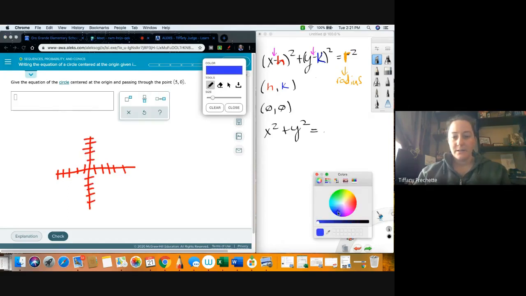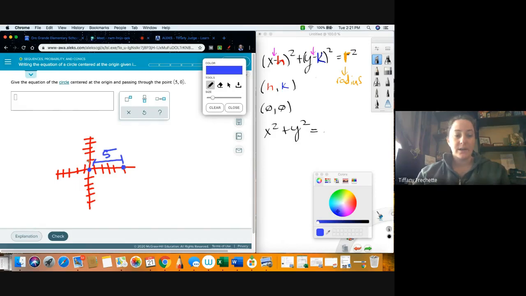Remember, it's centered at the origin, so this is where my center is right here. And then that point is 1, 2, 3, 4, 5 spaces away, so it's 5 spaces from the center. That is my radius. I'm not necessarily going to draw this out each time. I just wanted to make sure you understood.